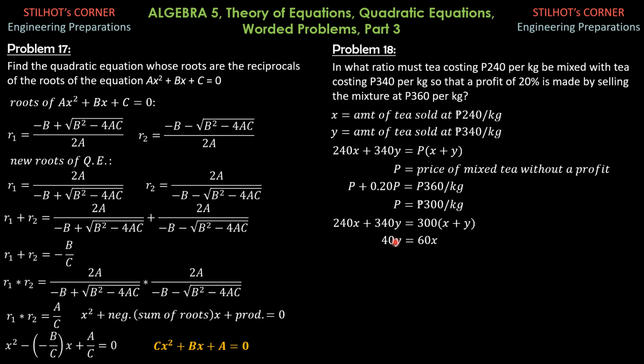Therefore, x over y is 40 over 60, or 2/3. So x as to y is equal to 2 as to 3. That's the ratio of the tea costing 240 pesos per kilogram to that of the tea costing 340 pesos per kilogram.